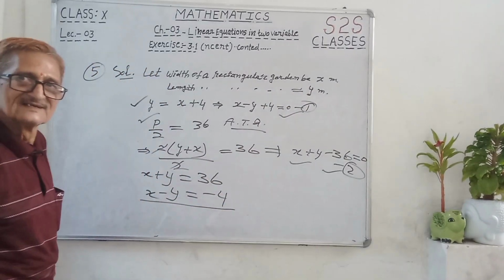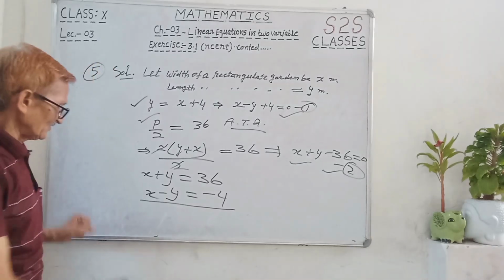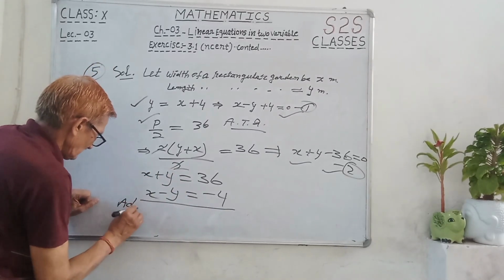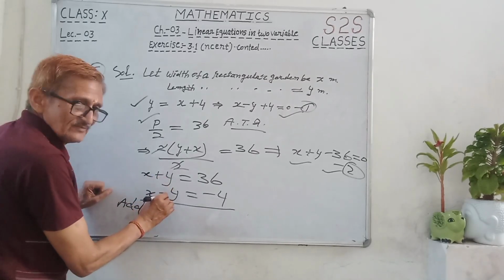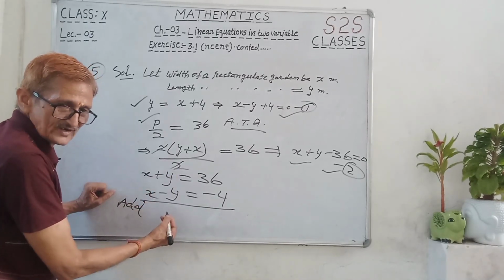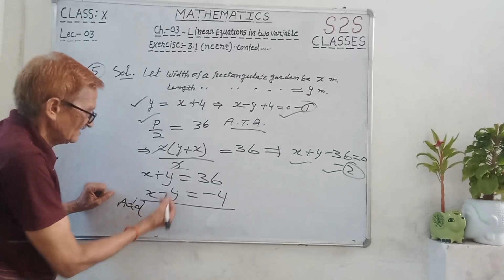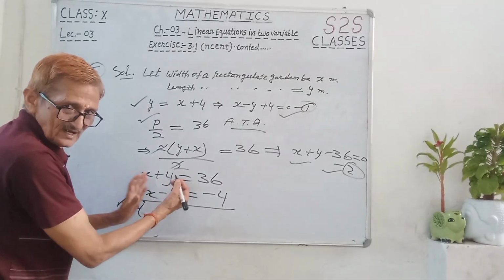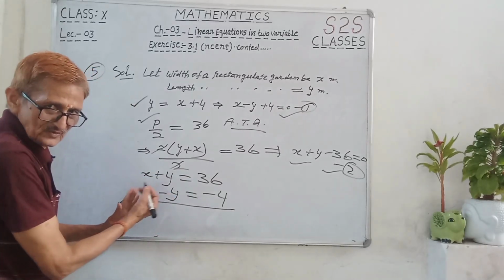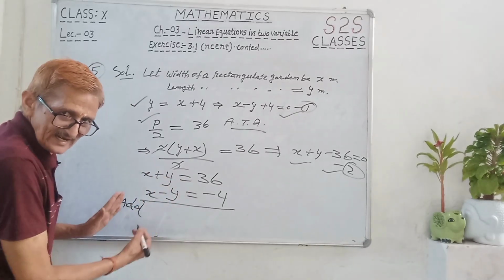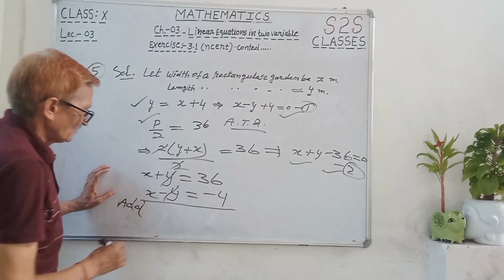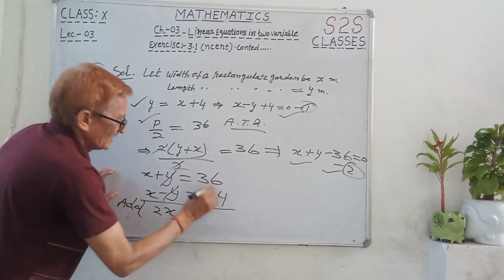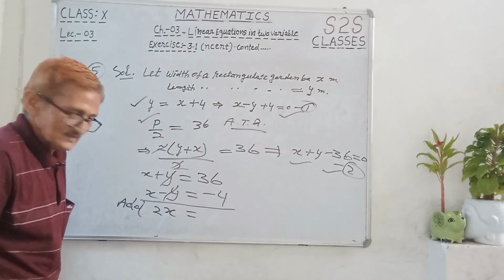So by the elimination method we can add both the equations, because we have plus y and minus y. The coefficient of y is already equal and opposite in sign, so if the coefficients of the same variable are equal and opposite in sign, then add and they will cancel. Then x plus x is 2x, equal to 36 minus 4, which is 32.